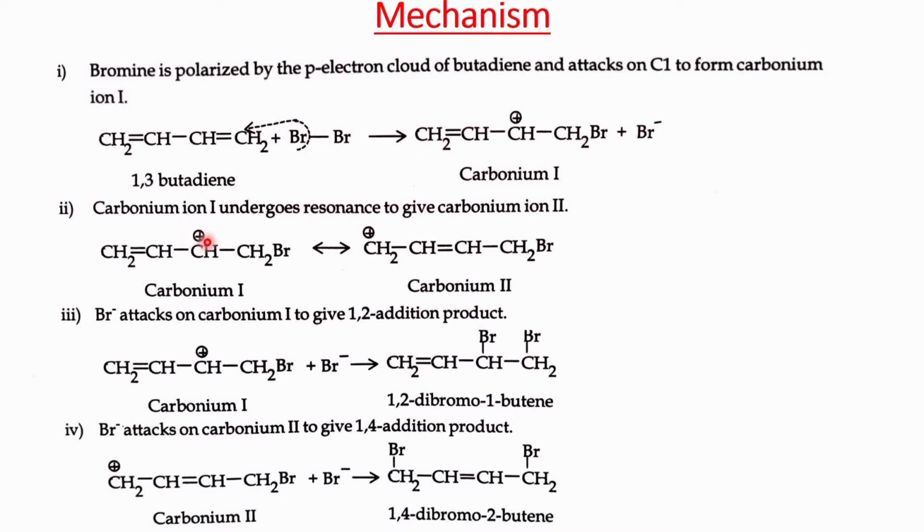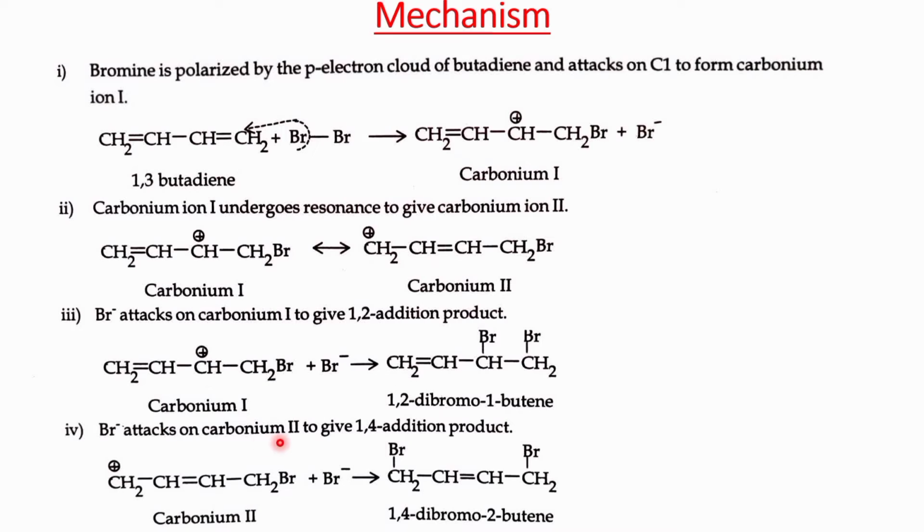The positive charge gets shifted towards the first and third positions. When it is shifted towards the first carbon, the bromine attacks this carbon to give 1,2 addition. When it is in the third position, bromine attacks at this third position, and we get 1,2 addition.